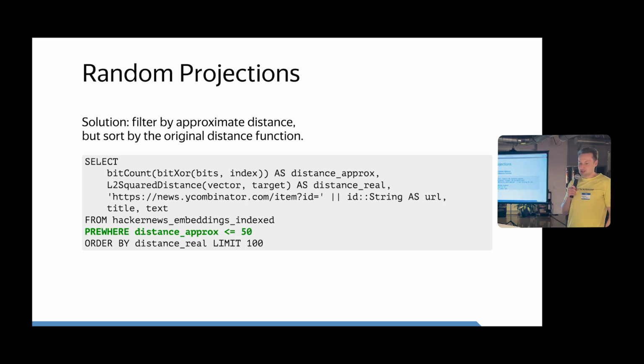The second solution was to use this index only for pre-filtering, but order by the original distance. In this case, here is the approximate distance, and here is the original distance. And I filter by approximate distance with some high threshold, then order by the original distance.